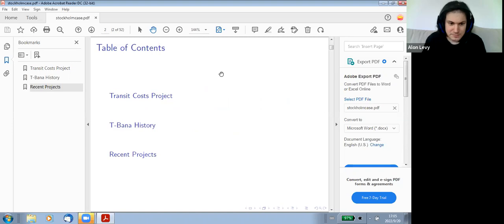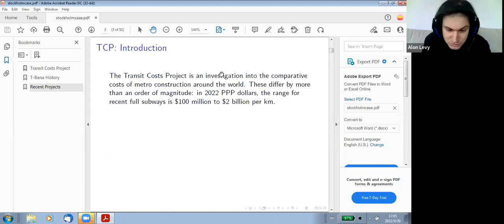So for the benefit of people here who maybe know Sweden, but don't know what we are at the Transit Costs Project: the Transit Costs Project, it's transitcosts.com, is an investigation into how much it costs to build urban rail tunnels. So I'm saying metro construction, but this also includes commuter rail tunnels that are not metros. And these construction costs differ by a very large factor.